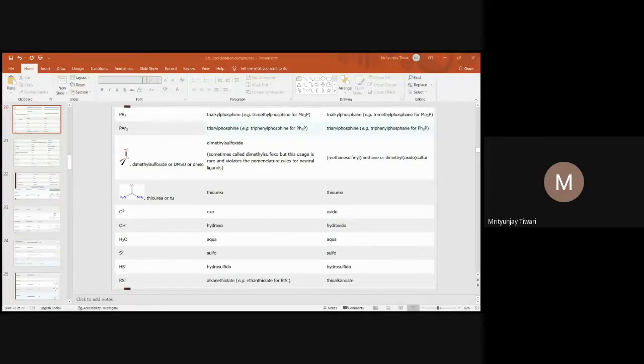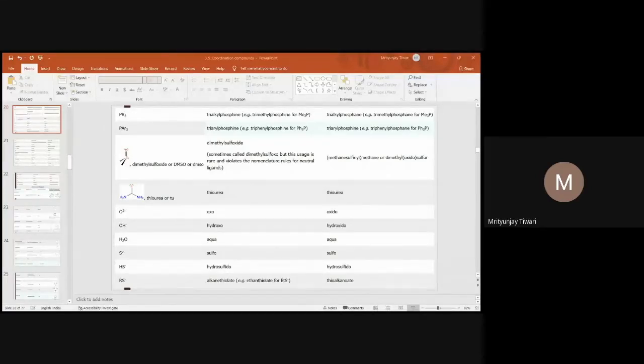A systematic method of naming coordination compounds, like organic compounds, is important because many different coordination compounds are synthesized using the same metal and the same ligand, and this is for the unambiguous description of the formulas.